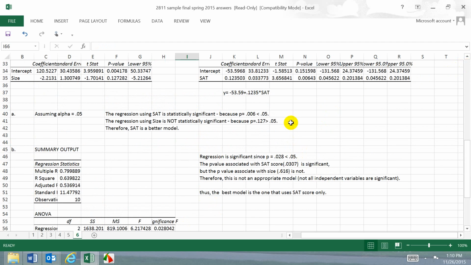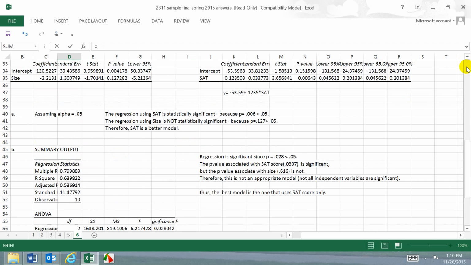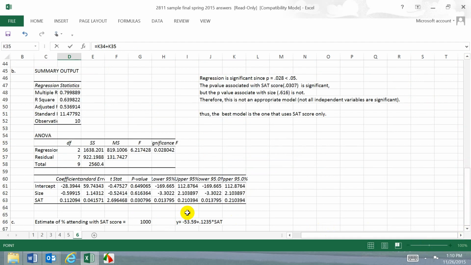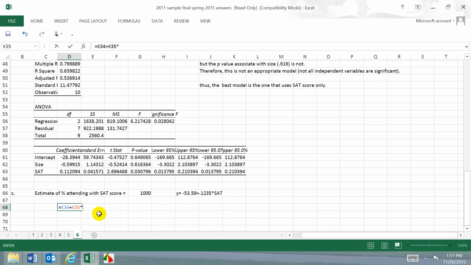Let's get it again. And therefore we're plugging in minus 53.59, I can either type it in or take it straight from there, plus 0.12 times 1,000. So here is our estimate, 69.90%.